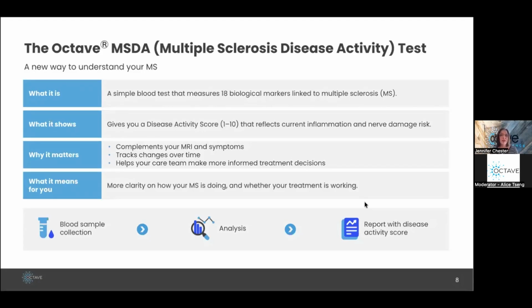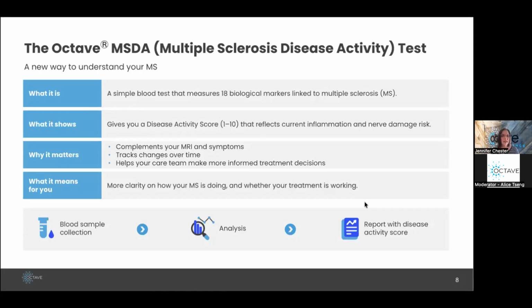And it helps your care team make informed decisions about your care because it gives another piece of information to tell us how you're doing. So it gives you more clarity on how your MS is doing as well and whether your treatment is working. Because we all want to know that I'm okay and my disease is stable.